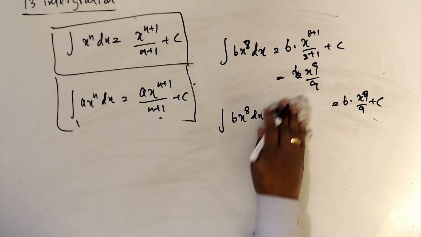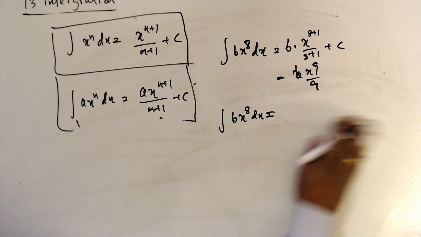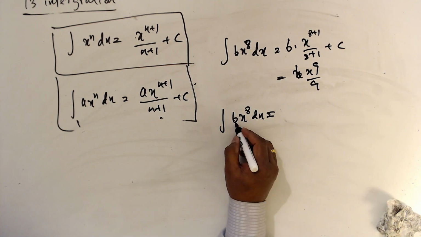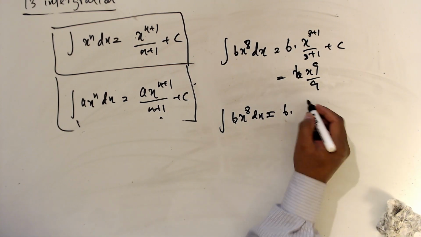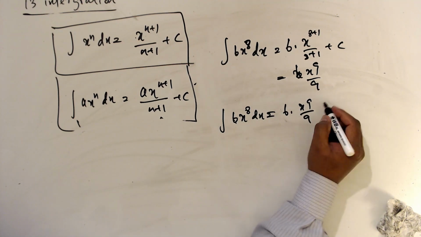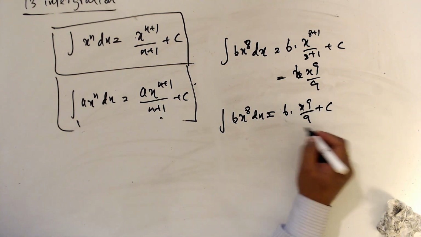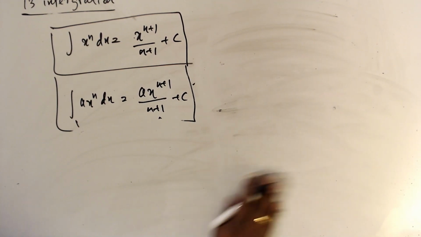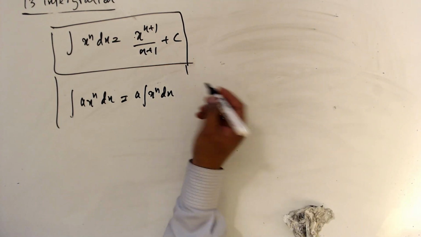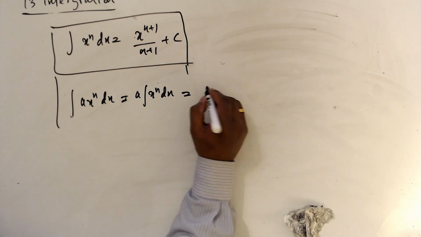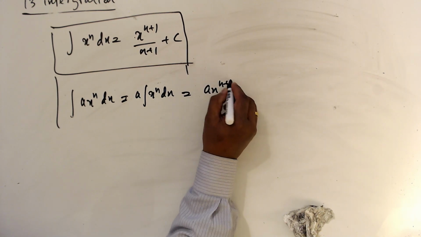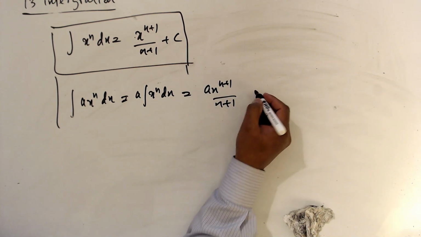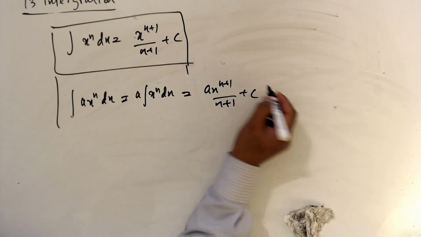Or you can simply write without this step: 6, then x^9 over 9 plus c. So the answer is a x^(n+1) over n+1 plus c.